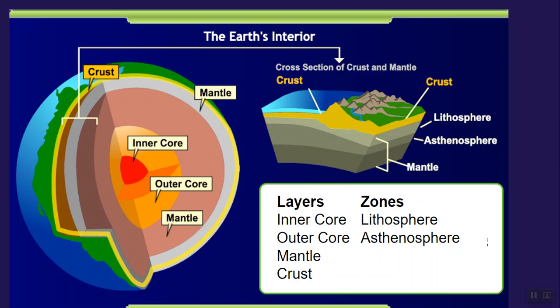Gravitational contraction, as the planet formed, it keeps contracting in due to gravity. That also adds heat to the system, as well as radioactive decay of those radioactive elements that, as they decay away, each one of those reactions releases energy.